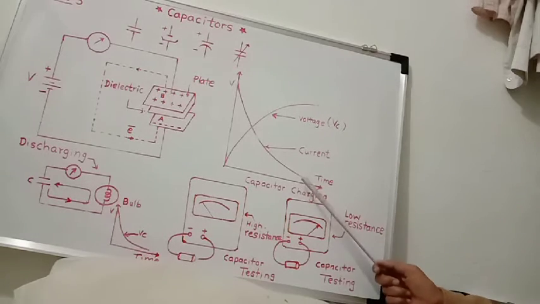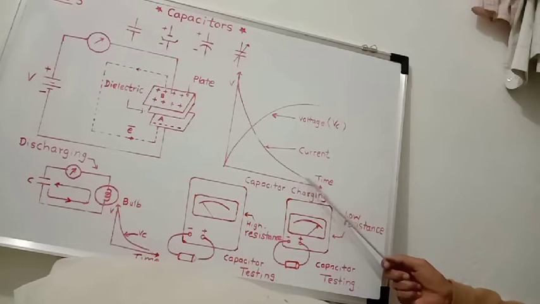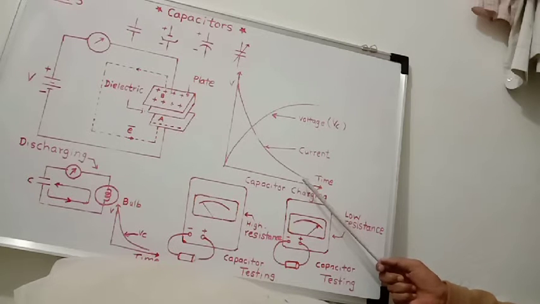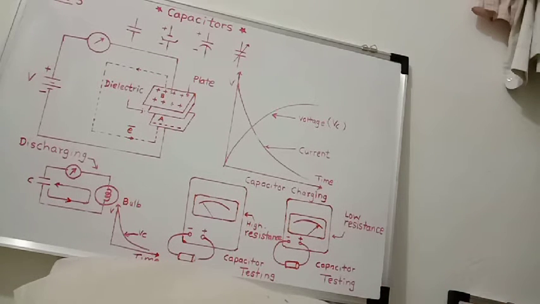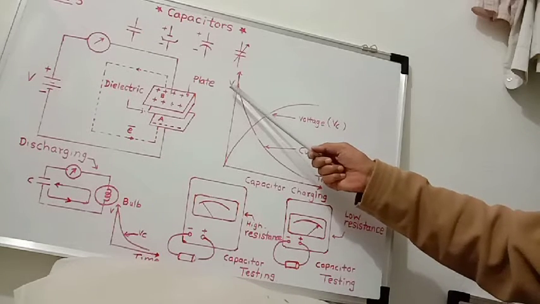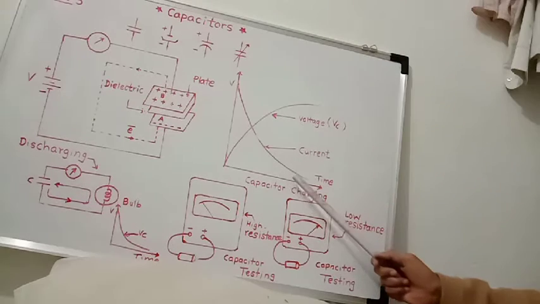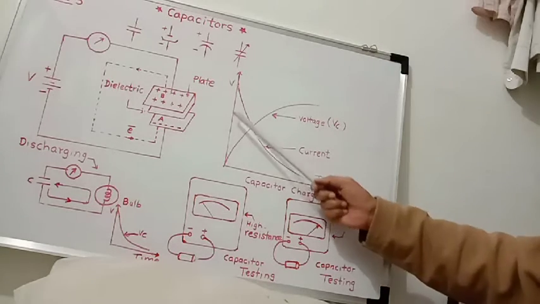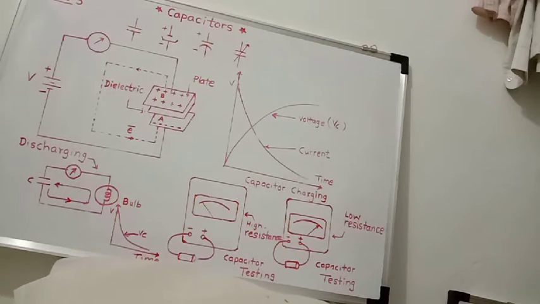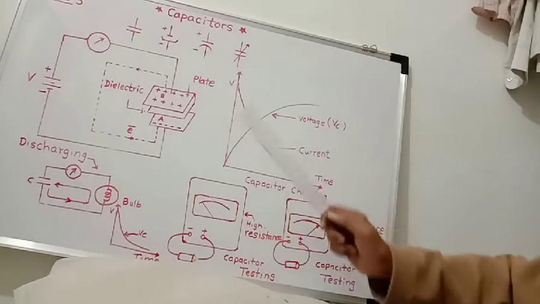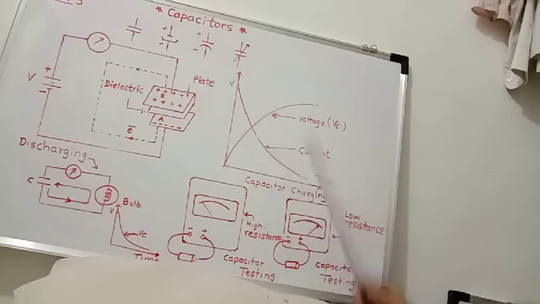Initially current is maximum, and when the capacitor gets fully charged, the current decreases, and finally it becomes 0. Okay, now the voltage across the capacitor is V.